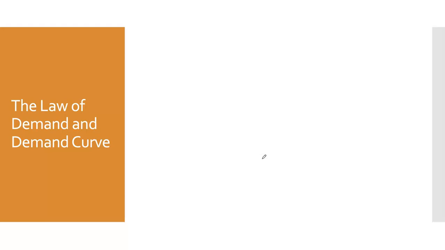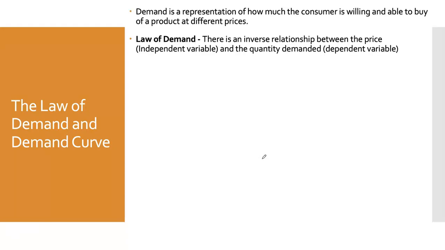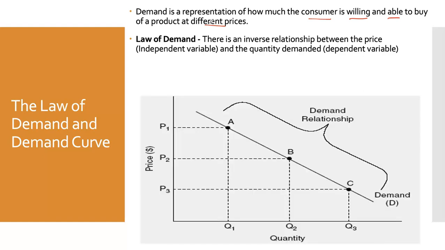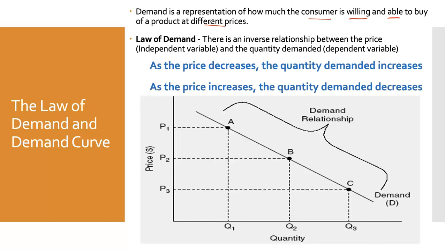The video focuses on the price elasticity of demand, but let's do a quick recap of the law of demand and a demand curve. We understand that demand is a representation of how much a consumer is willing and able to buy at different prices. And there is an inverse relationship between price and quantity demanded. Put simply, as price decreases, the quantity demanded will go up.